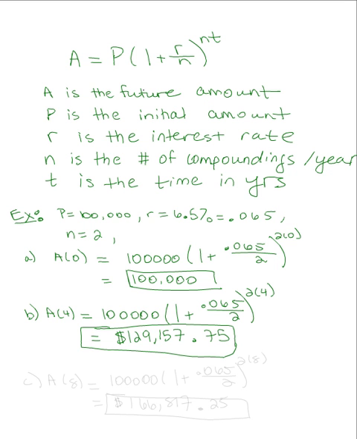So we can adjust the number of compoundings as well. It depends upon the problem. So you see, we can decide on the time, we can decide on the interest rate. And we'll do this again just to show you how compound interest works. It grows exponentially.